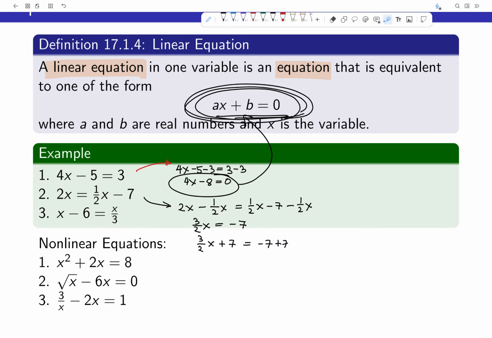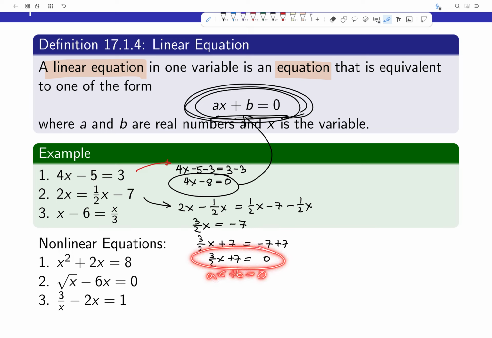Because that will make our left side 0. So now that becomes 0, and this one becomes 3 over 2x plus 7. Now we are in the form of ax plus b equals 0.